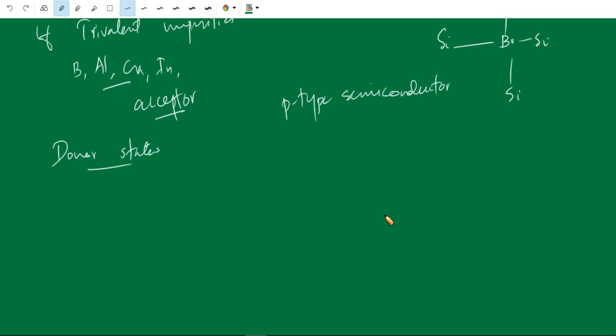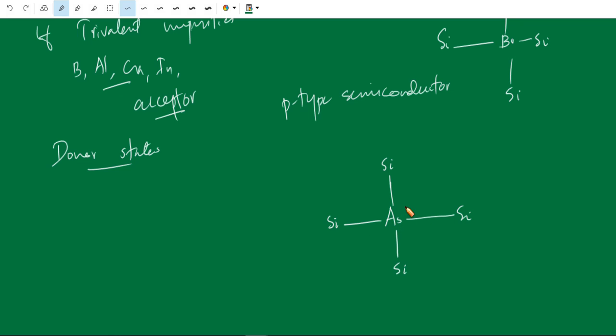If a pentavalent impurity is added to a semiconductor, then the impurity atom replaces the normal atom. Actually, this is a tetrahedral bond. It's not like 90 degree, it is 109 degree.